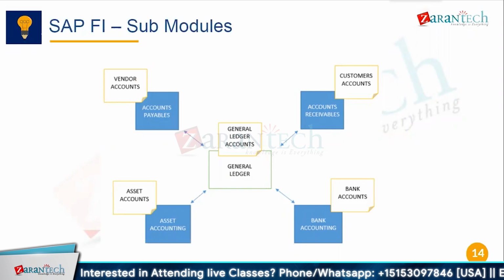Their job would be to make payments to vendors, get their vendor invoice, and once they get it, enter it in the system. That will be someone's job. For accounts receivable, certain colleagues will be managing collections from customers, sending them outstanding statements to let them know that this invoice is due.